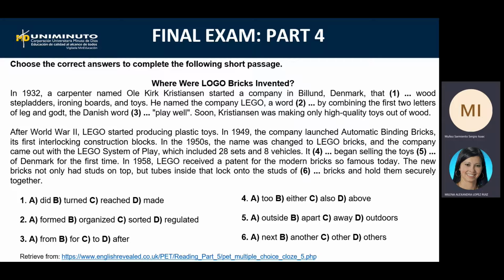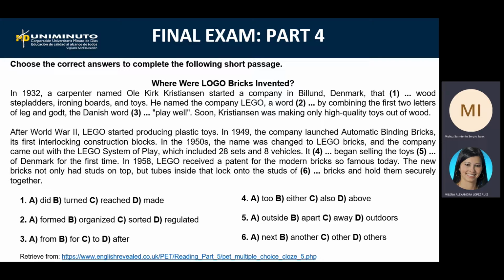Good. It also began selling the toys. No, sorry, it says also. Also, yes, perfect.